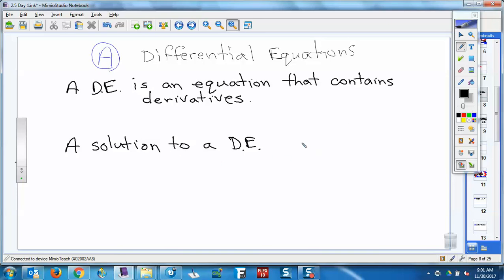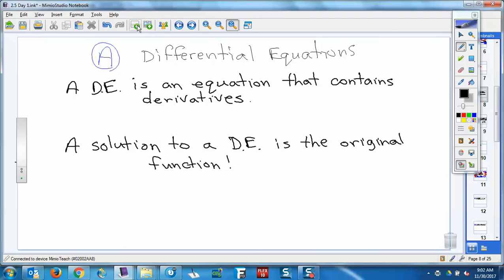A solution to a differential equation is the original function, in terms of the input variable only. In other words, the solution is not a number. That's what we're used to seeing, right?